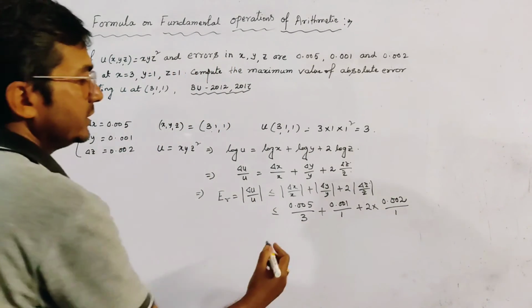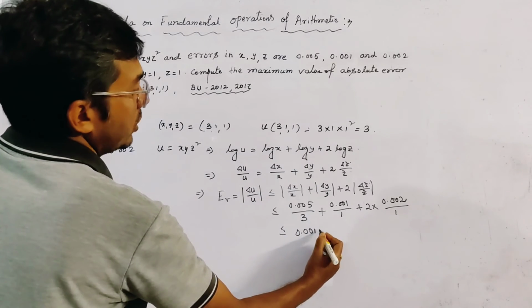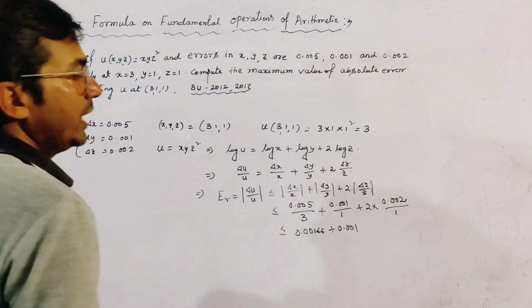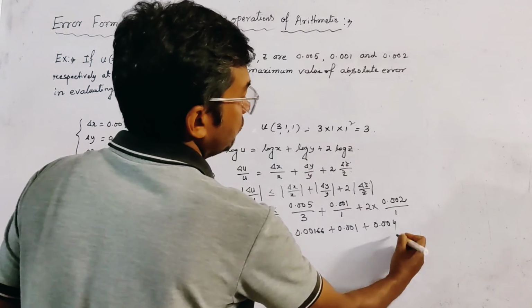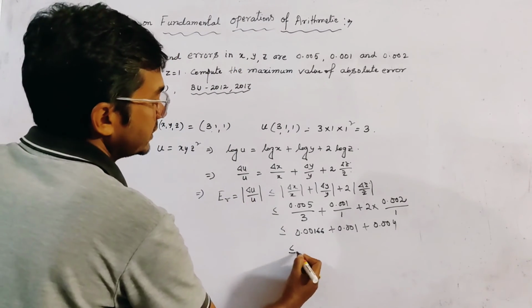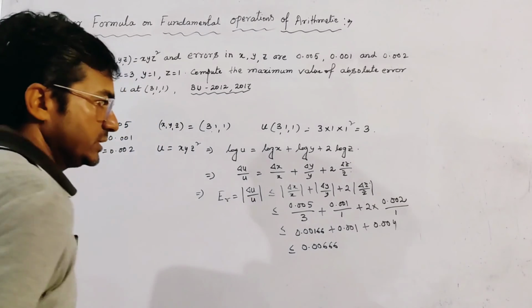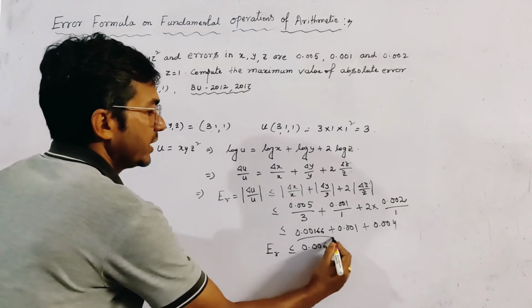This is 0.00166, plus 0.001, plus obviously 0.004. So we get 0.00666, and this is the maximum value of relative error.